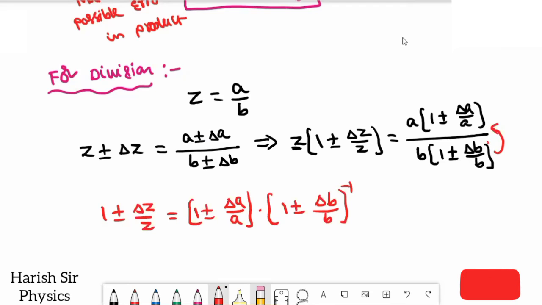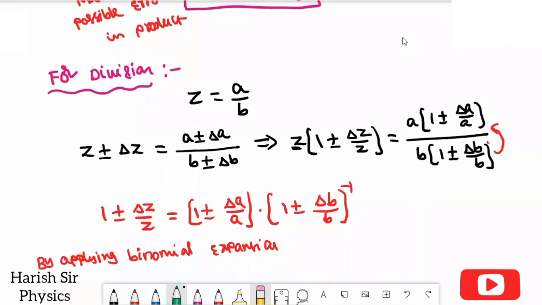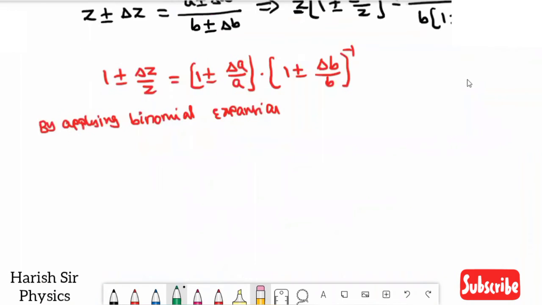If you apply the binomial expansion, the 1 everywhere gets cancelled.